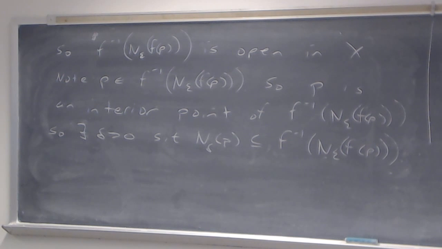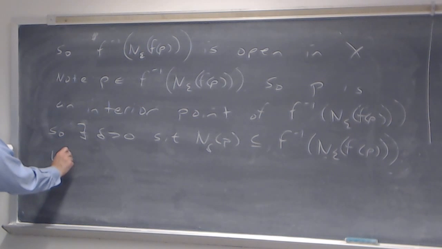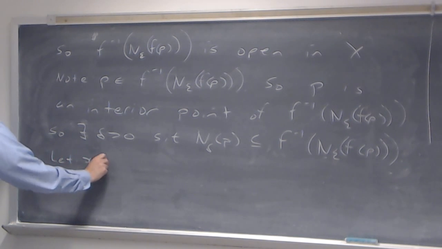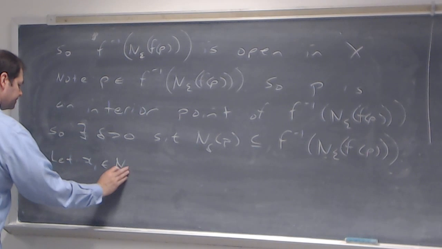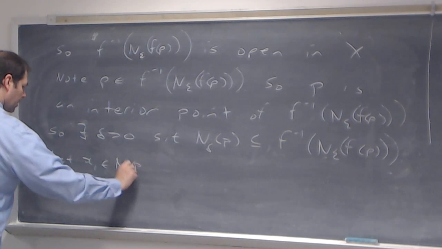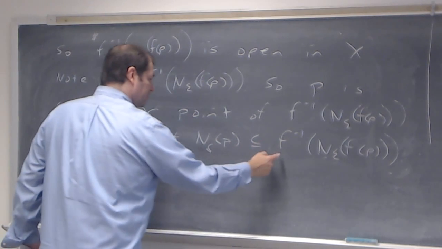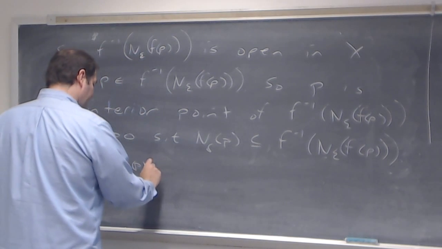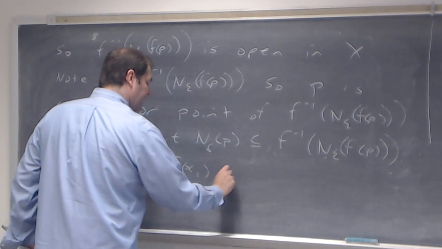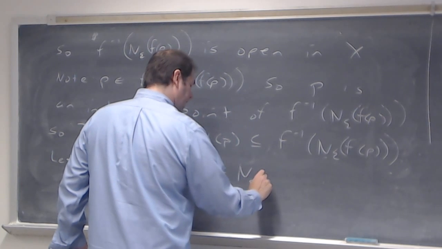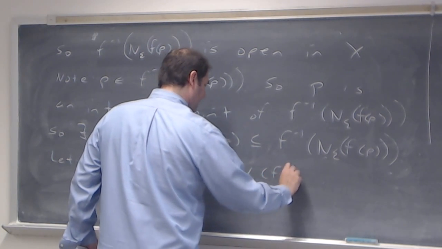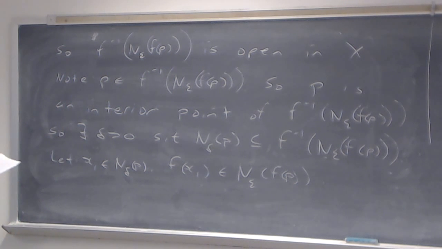Okay, so here, what we're going to do is let x sub 1 be an element of this neighborhood about p. Then, to be in this neighborhood means that you're in this set. And so f of x sub 1 is an element of the neighborhood with radius epsilon of f of p. All right.